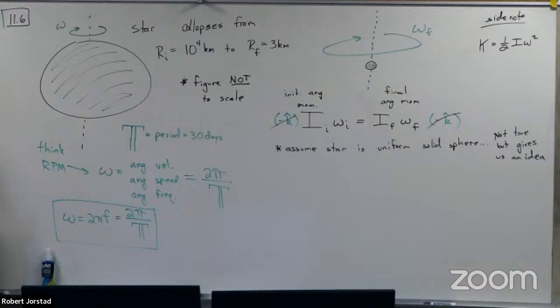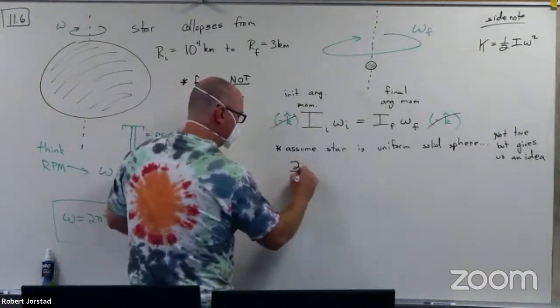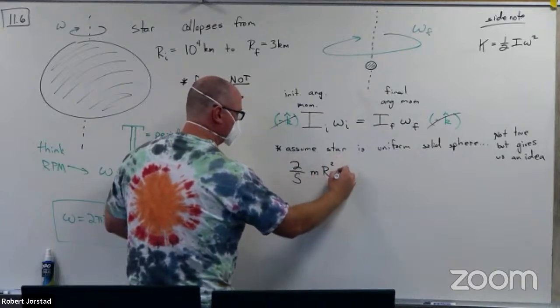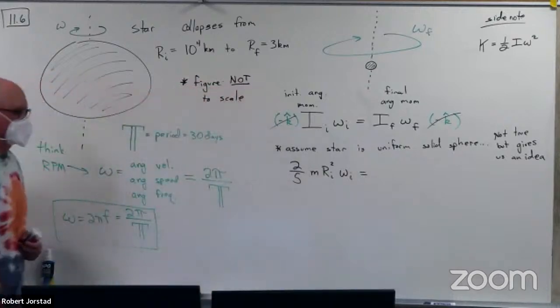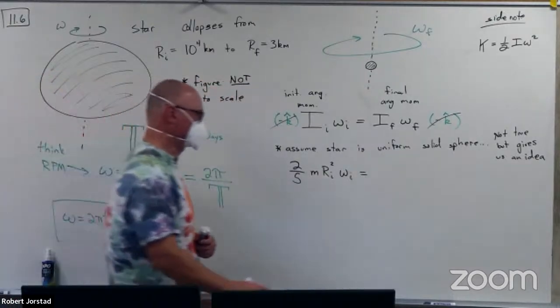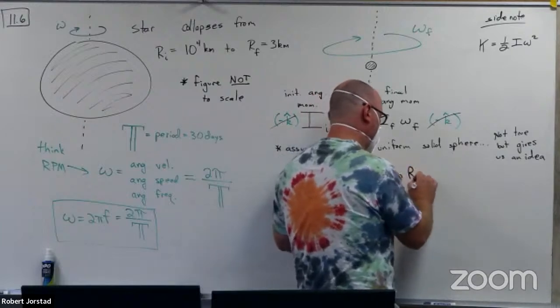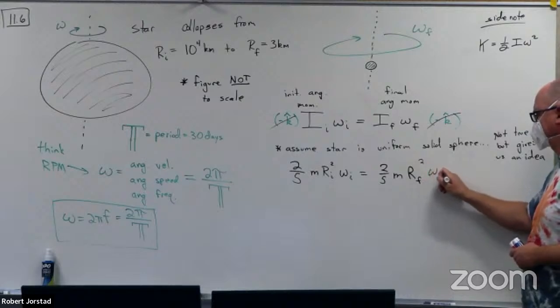What page is that chart? 59? You might want to dog ear page 59 in your book because we're going to be using it all day. 2/5 times m radius initial squared. And then the other one will be 2/5 mass radius final squared omega final, right?